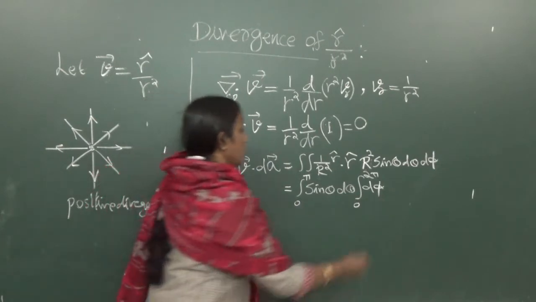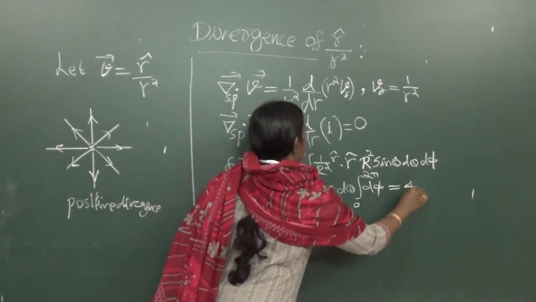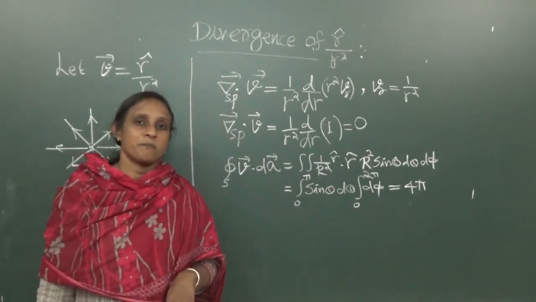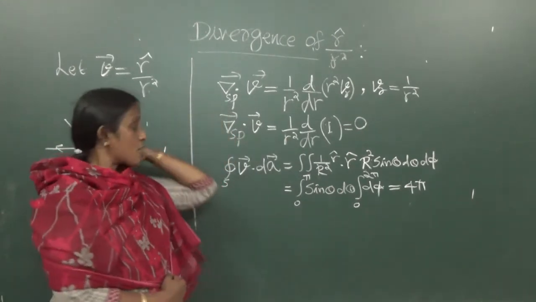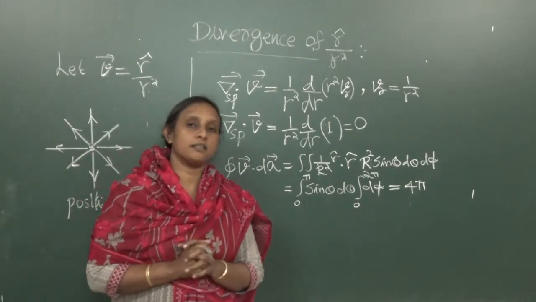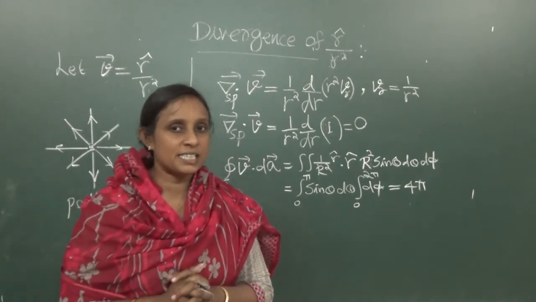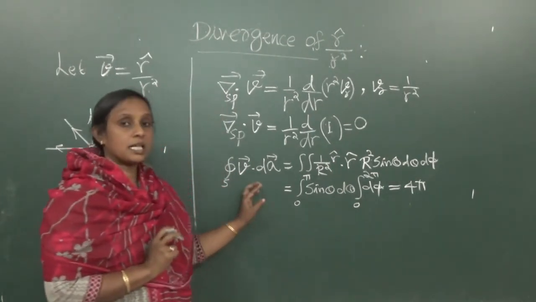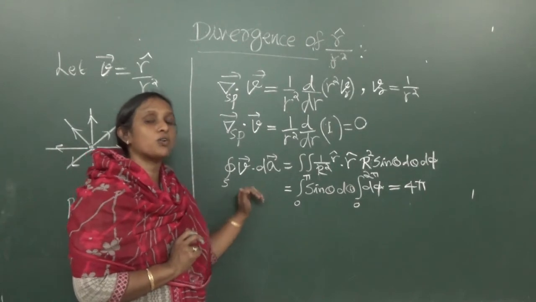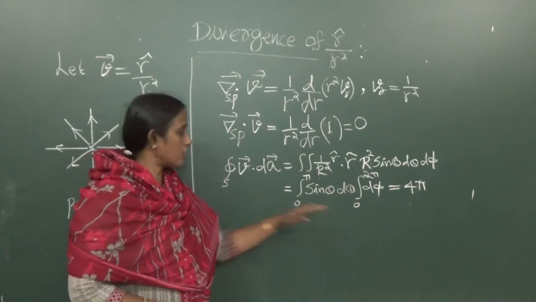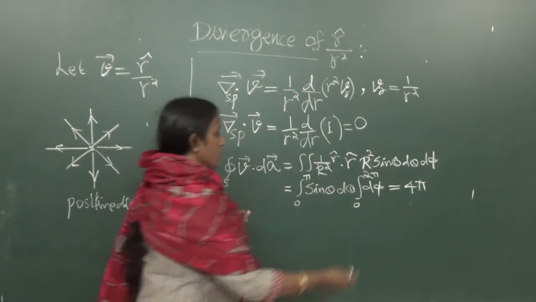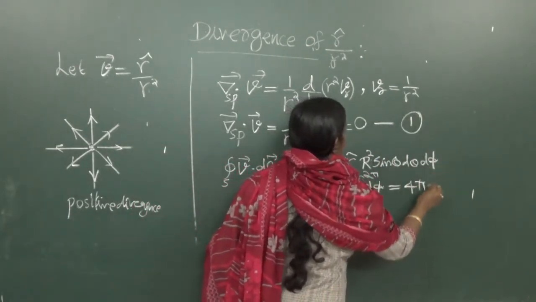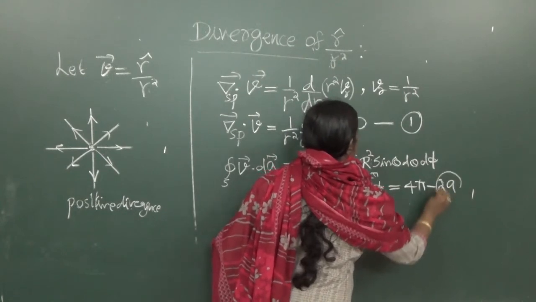So you get 4 pi. So the surface integration over the closed surface gives 4 pi. This is equation 2a.